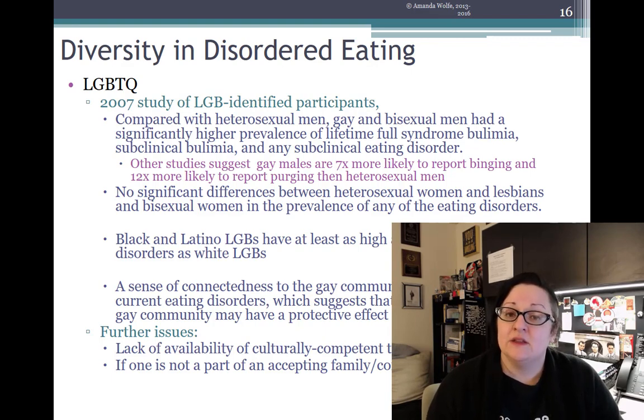And that the gender ratio gets swapped if we look at people who have a diverse sexual orientation, that people who are lesbians seem to be protected, and people who have a real strong tie to the gay community seem to be protected, but that men in the gay community, bisexual and gay men, both have dramatically higher rates of eating disorders than the rest of the community.